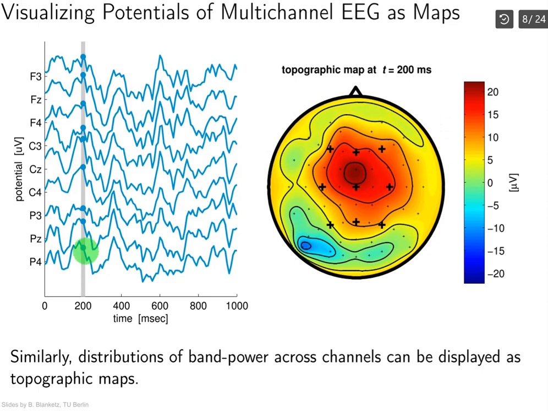What is done here is we just take these amplitude values across the represented locations of these sensors, and then perform interpolation. Okay, and represent amplitude values as color-coded. More red means more microvolts, higher amplitudes. More blue means more negative amplitudes.